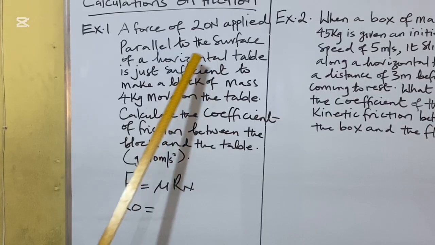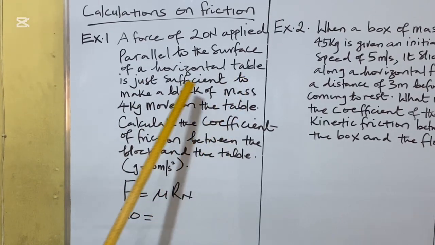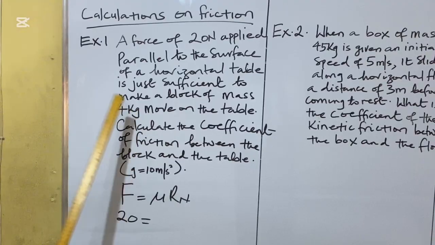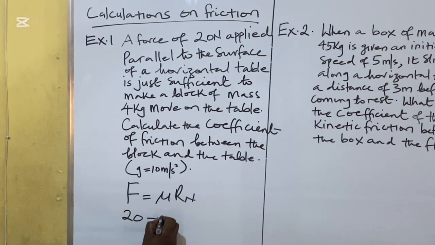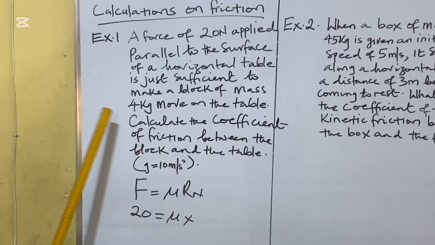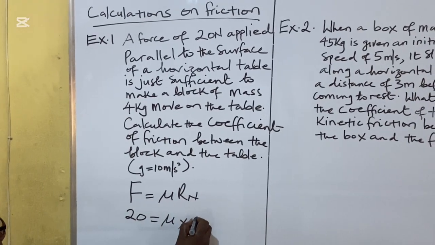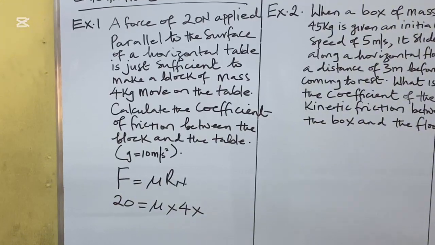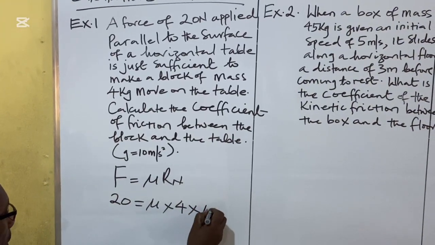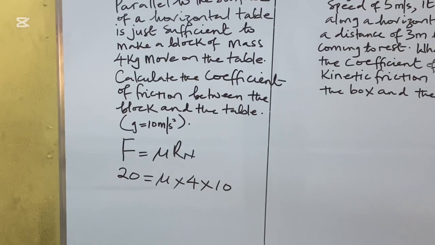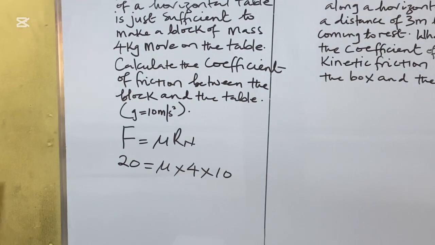Applied parallel to the surface of a horizontal table is just sufficient to make a block of mass 4 kilograms. Now the coefficient of friction times the mass is what? 4 kilograms. 4 times acceleration due to gravity, 10. The normal reaction means the mass times the acceleration due to gravity.